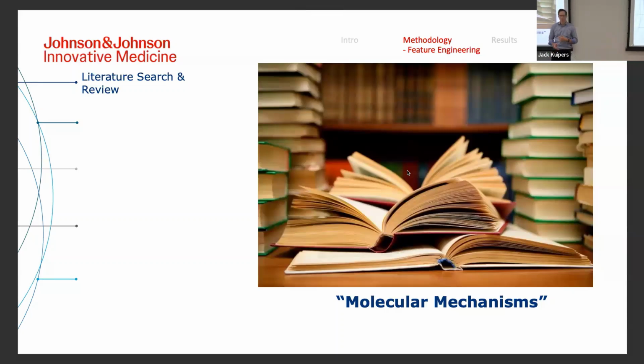I started off with literature research, of course. The question is, what do you want to look at? I asked the literature what influences the resistance, and the answer is molecular mechanisms. That doesn't really help us at all, right? This is the first part where I think it's important to use your own brain.